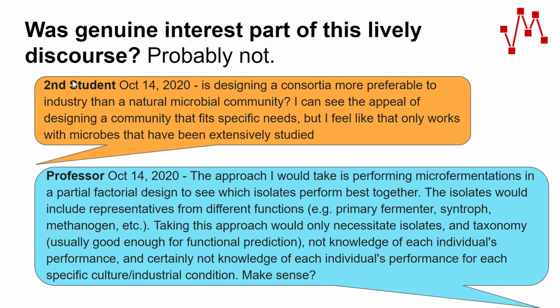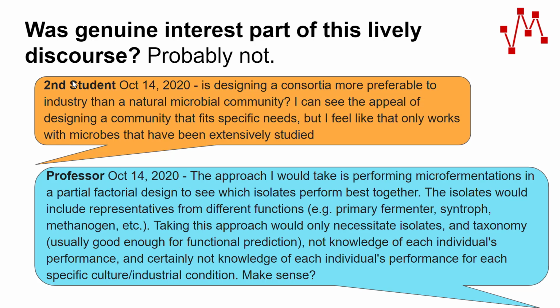You can see the pattern again with student 2. They ask, is designing a consortium more preferable to industry than a natural microbial community? I can see the appeal of designing a community that fits specific needs, but I feel like that only works with microbes that have been extensively studied.